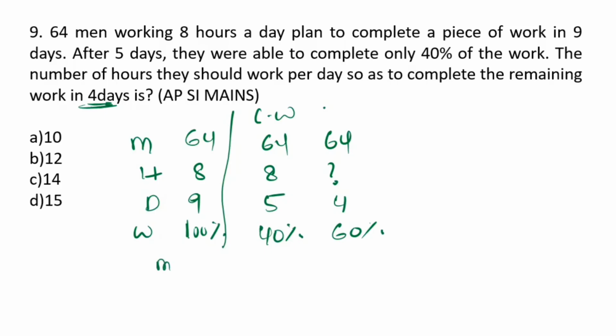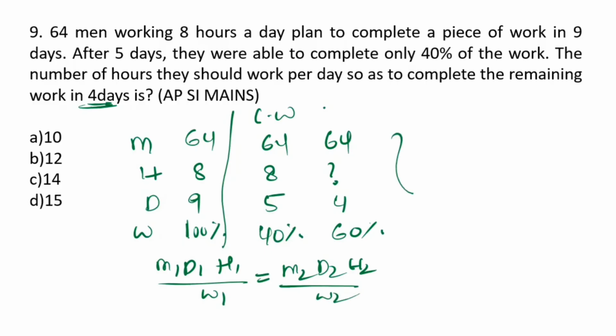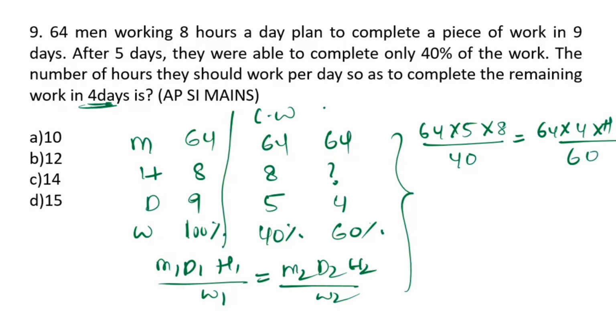What is the formula? M1 D1 H1 by W1 is equal to M2 D2 H2 by W2. So 64 into 5 into 8 divided by 40 is equal to 64 into 4 into H, which I don't know, divided by 60.